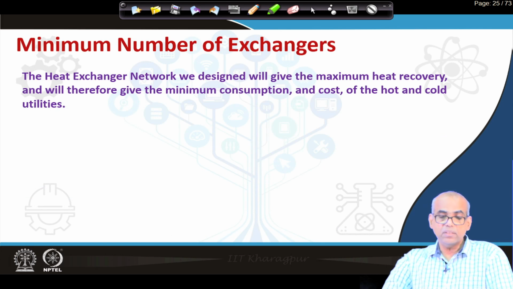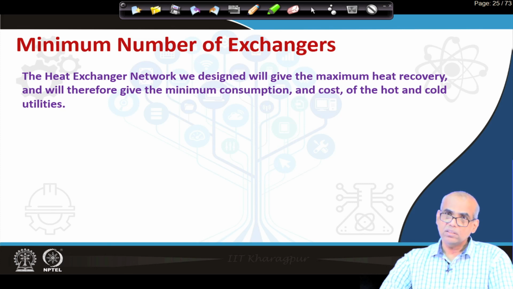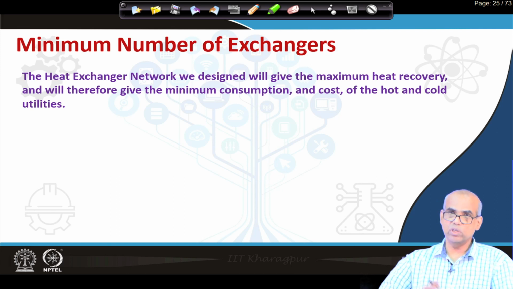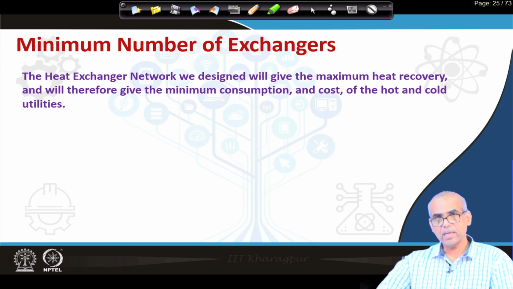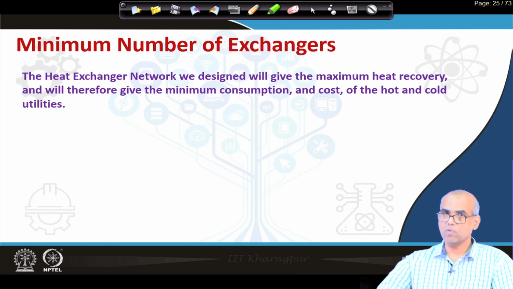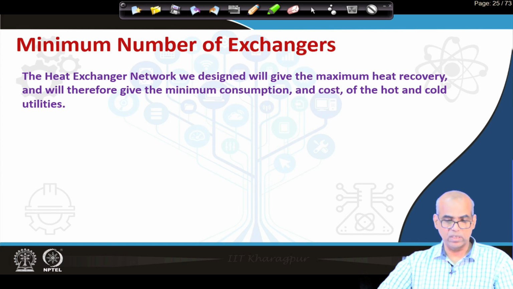Now, a final comment on the heat exchanger network that we design. The heat exchanger network we design will give the maximum heat recovery and will therefore give the minimum consumption and cost of the hot and cold utilities, because it was designed on the basis of maximum energy recovery, which is equivalent to saying minimum consumption of hot utility, minimum consumption of cold utility.